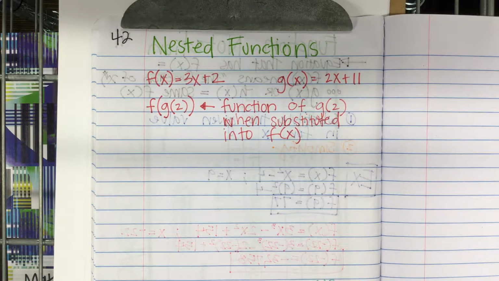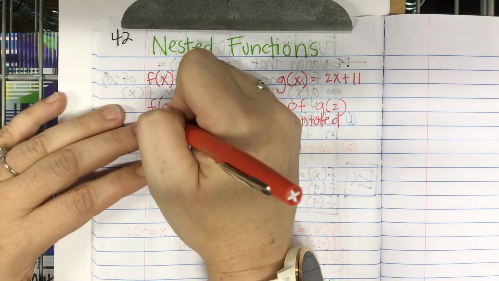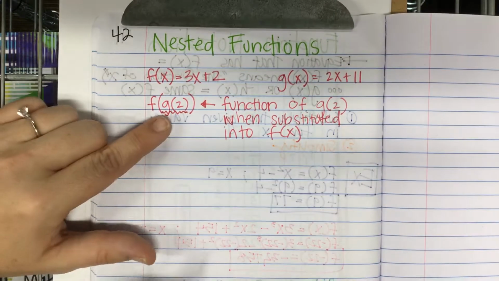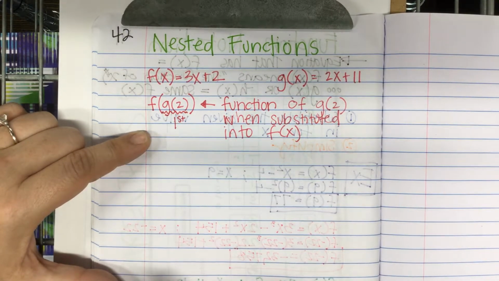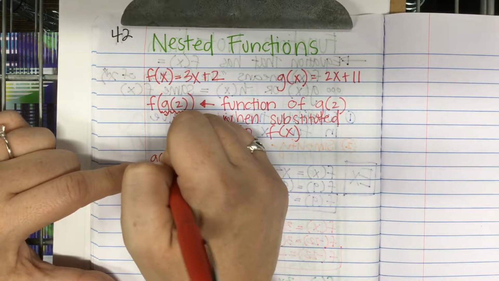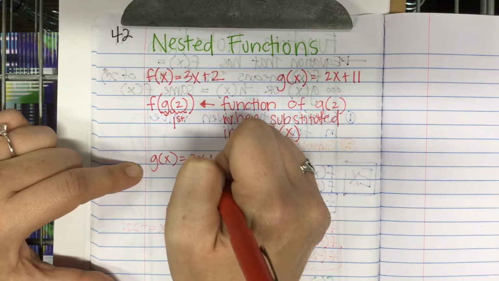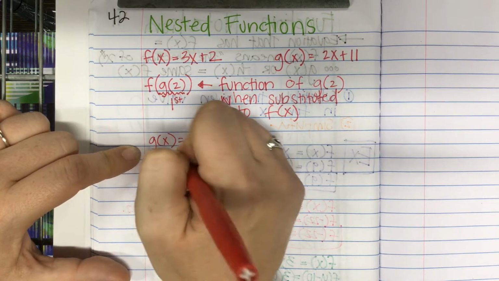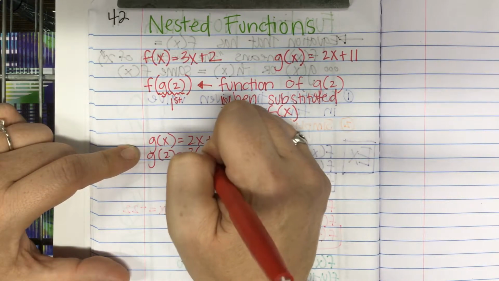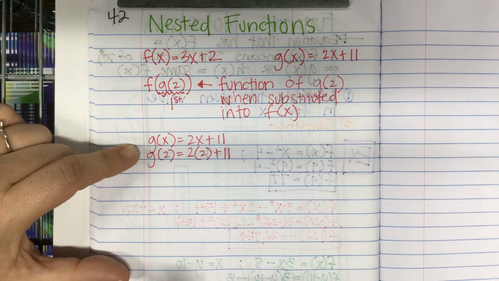So it means I'm going to substitute twice. Just like parentheses. If I had a math problem with multiple sets of parentheses, you always start in the inside most parentheses, correct? So I'm going to do my inside most parentheses first. I'm going to do g of 2. Meaning, instead of g of x equals 2x plus 11, I'm going to do g of 2 equals 2 times 2 plus 11.